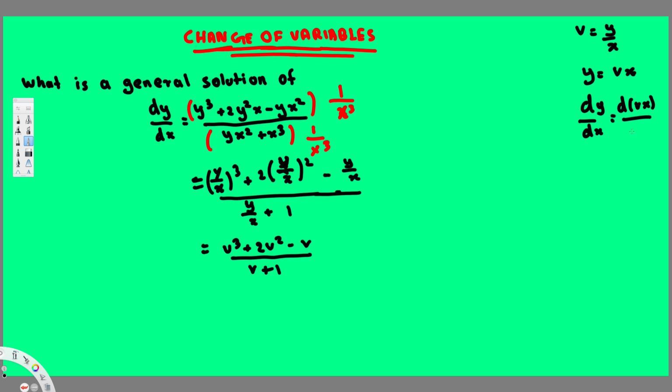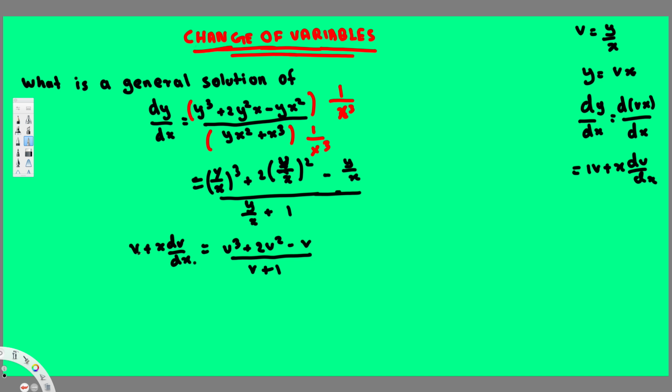And if you differentiate this, that's going to give you v plus x dv by dx. So now instead of dy over dx, we substitute this in this equation, and we can write this as being equal to v plus x dv over dx.